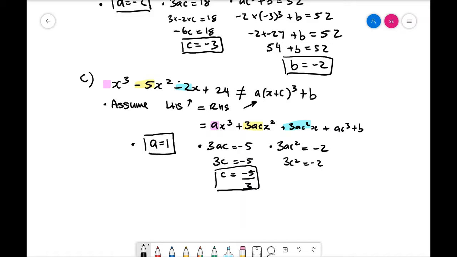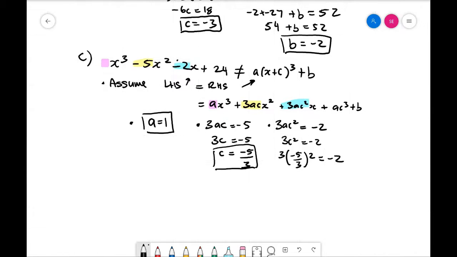And we know c is equal to minus 5 on 3. So we've got 3 times minus 5 on 3 squared must equal minus 2, because we've assumed they're equal. So we've got 3 times 25 on 9 is equal to minus 2. The left-hand side simplifies to 25 on 3 is equal to minus 2.